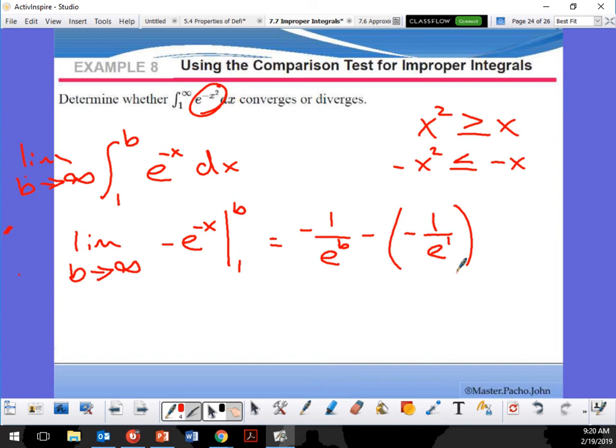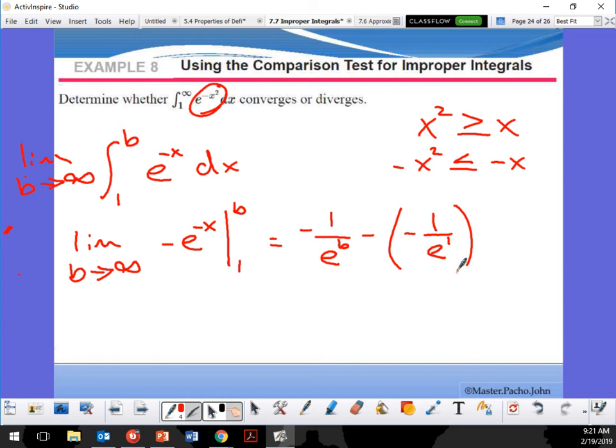So now, let's take a look at this. From this, we know negative 1 over... okay, what's this going to give me? As I plug in infinity for my b, as the limit as b goes to infinity, what is my denominator going to end up becoming? It goes to infinity, right?